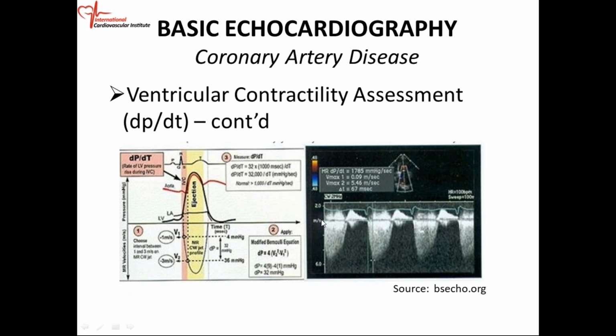On the vertical axis is velocity, on the horizontal axis is time. At 1 meter per second, you come across to where you get to your Doppler, that is where you're going to start the time from. So you come straight up to the time axis, and you get your time.